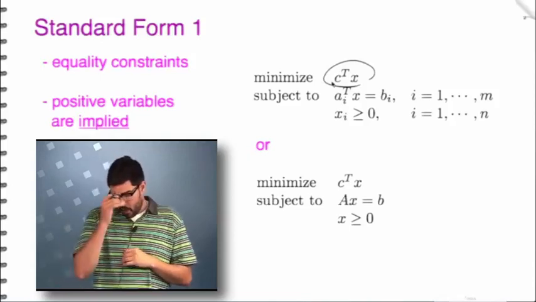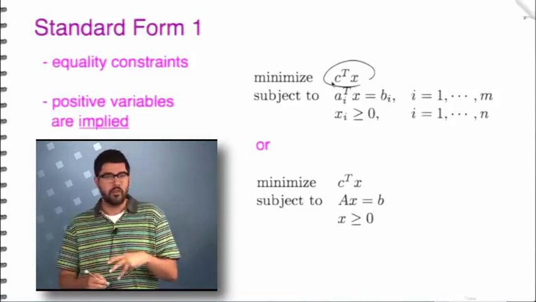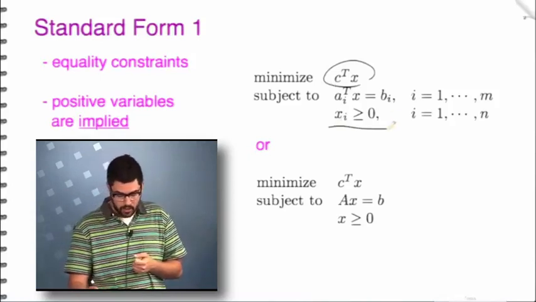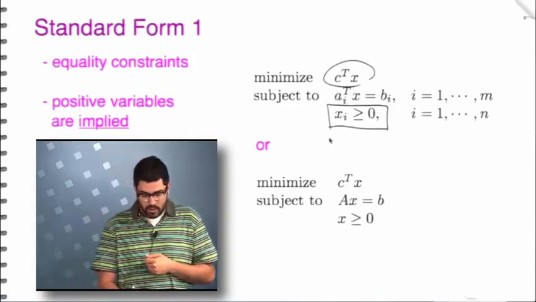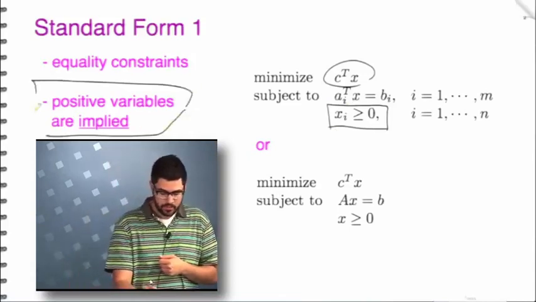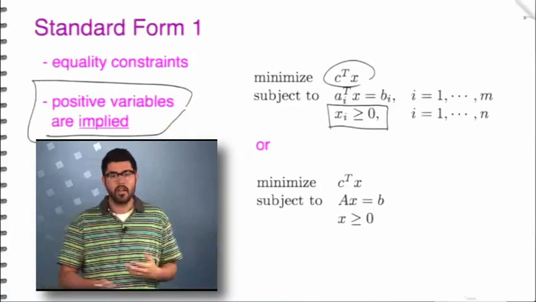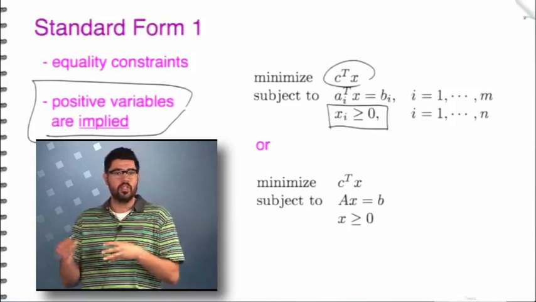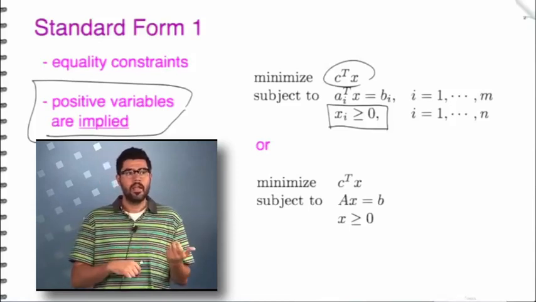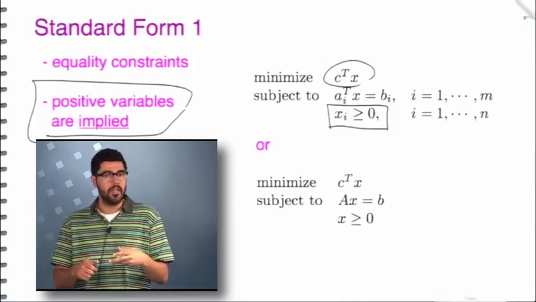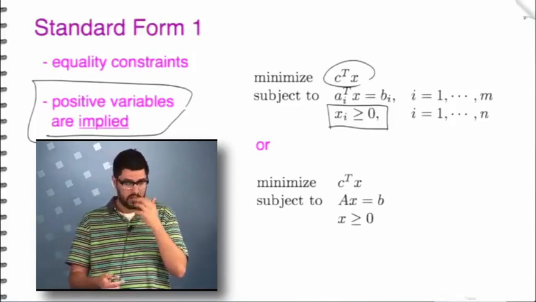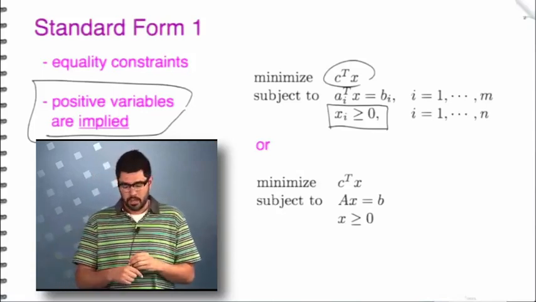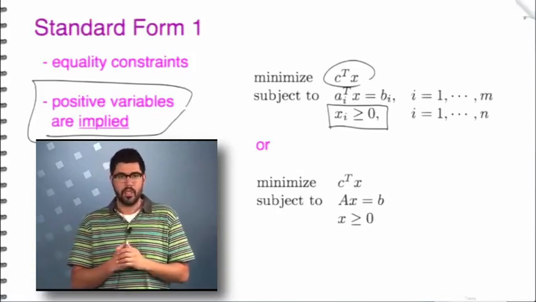Now, what is special about the standard forms, both Form 1 and Form 2, is that it is assumed that the variables are non-negative. They can be 0 too. That is a common feature of the standard forms. You won't see that in the other forms, but that doesn't mean you can't have constraints that the variables are positive. We can add those, but they won't be implied like they are in the standard forms.